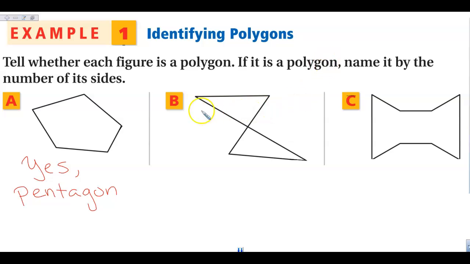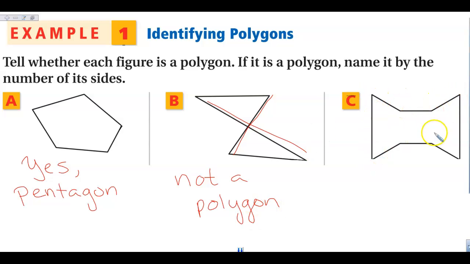When we look at B, notice that we're supposed to have this as one figure and it crosses over itself. The sides intersect. So this is not a polygon. This one, all of the sides are straight. They all connect. It got cut off a little bit here, but ignore that. They do connect, and none of the sides cross.